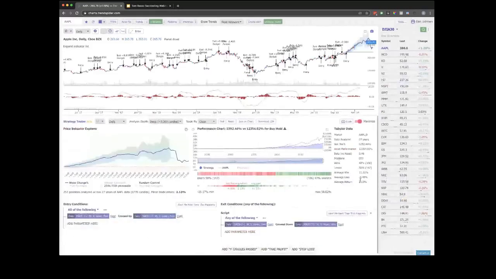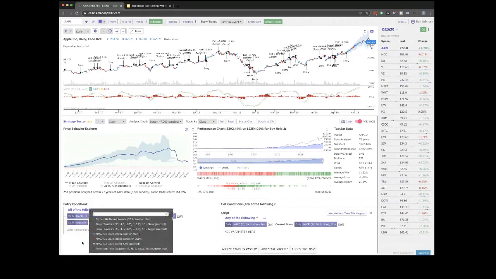Now, this is cool because a lot of people like to test a strategy out, but with something like this, you might say this is really noisy. And this is where our backtester is really unique, because you can very quickly refine your conditions. You can say, I want to buy when this is true, but also when some other conditional set is true.